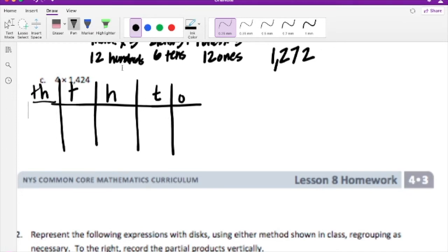Let's do 10,000s as well. All right, so we have 1,000, 4 hundredths, 2 tens, and 4 ones. We're going to do that 4 times, right? Yes, 4 times.